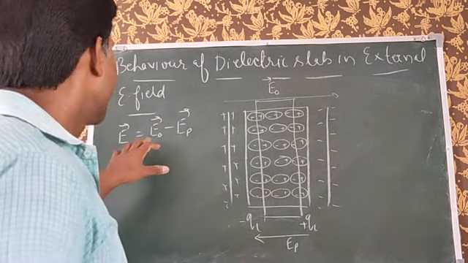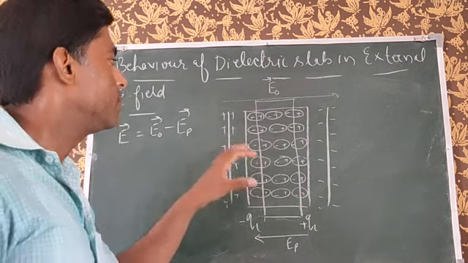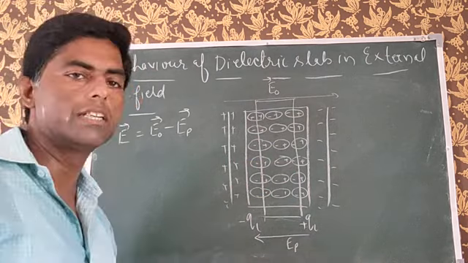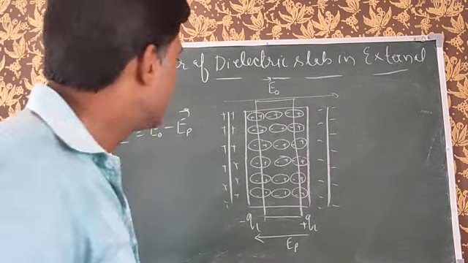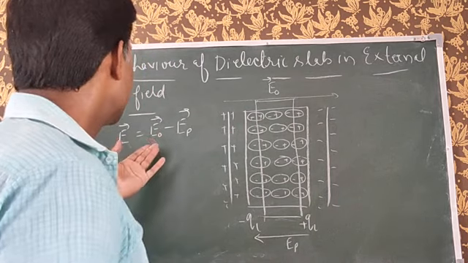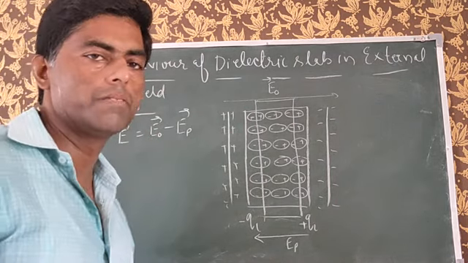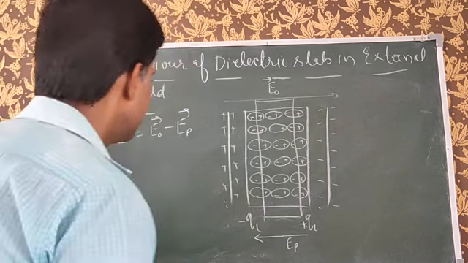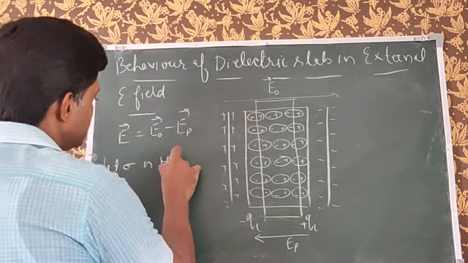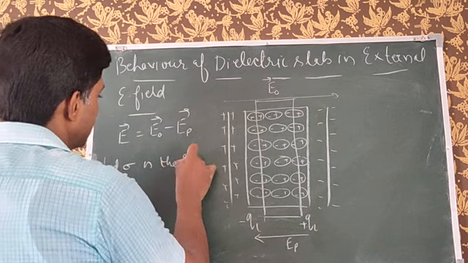That's why some electric field remains inside the dielectric, and that electric field is named the reduced value of the electric field, and it is equal to E naught minus EP, where E naught is the external electric field and EP is the electric field due to polarization. So let sigma be the surface charge density.